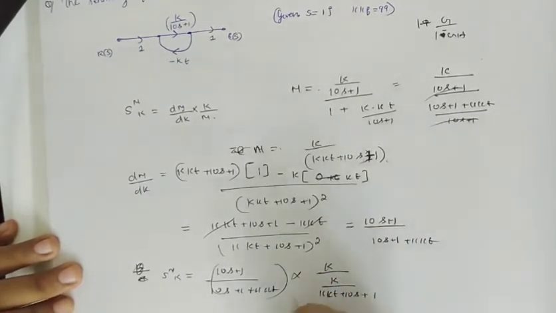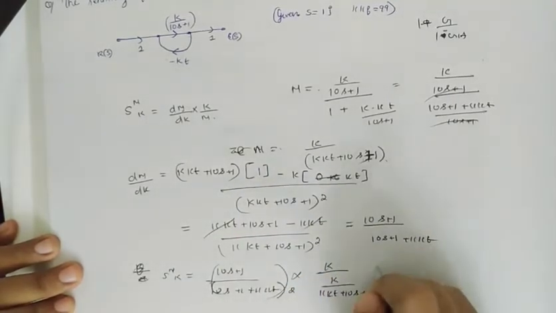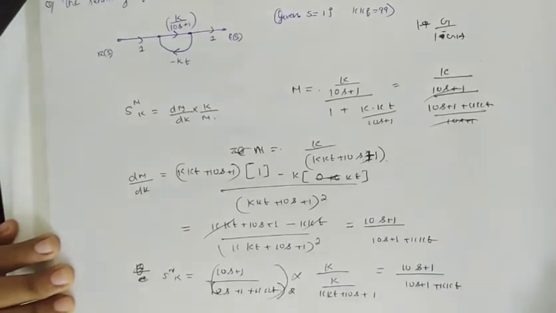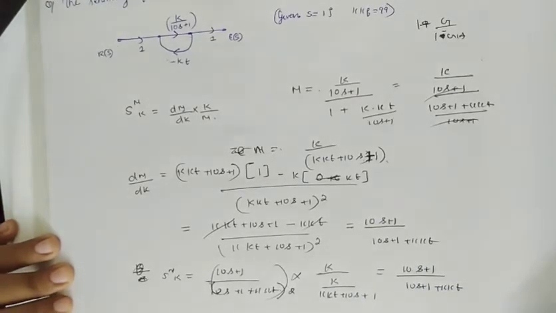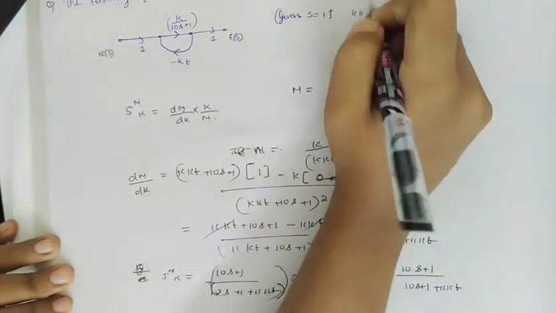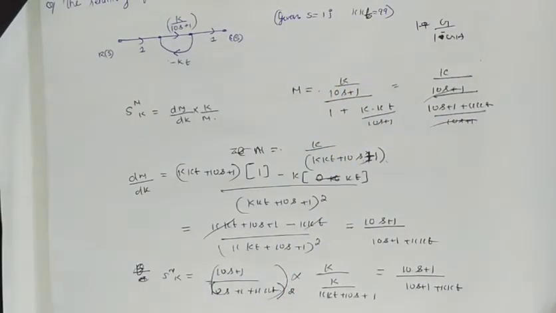Solving, this is actually a square, right? So solving, we get 10s plus 1 divided by 10s plus 1 plus k kt. Okay, and now we have to put s equal to 1j and kt equal to 99, and I'm going to put that over here.